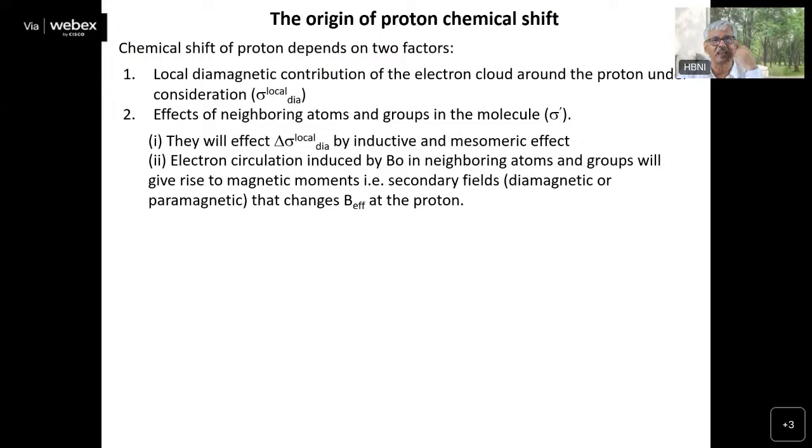You will see that there will be electronic circulation induced by the applied magnetic field in the neighboring atoms or neighboring bonds. They will give rise to a magnetic moment, and that will give you a secondary magnetic field.